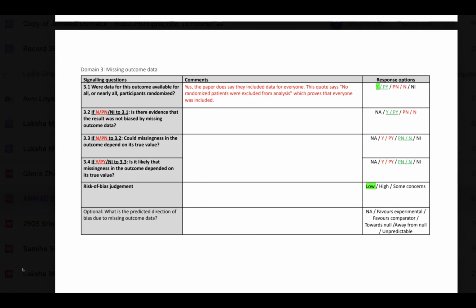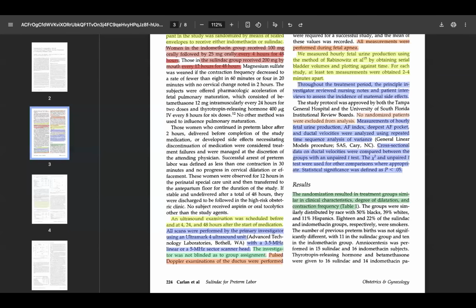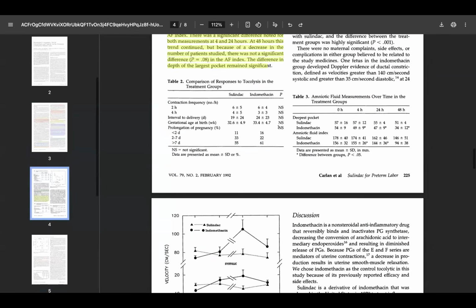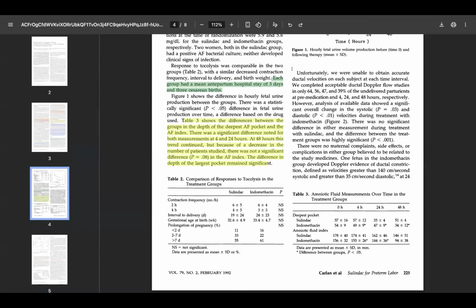They don't give a reason. It says, unfortunately, we were unable to obtain accurate ductal velocities on each subject at each time interval. So if it's at each time interval, then my hypothesis that the later times they weren't able to get data because the women just weren't in the hospital anymore is not correct.